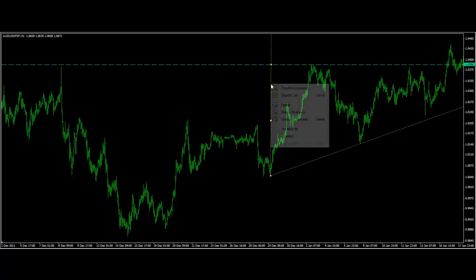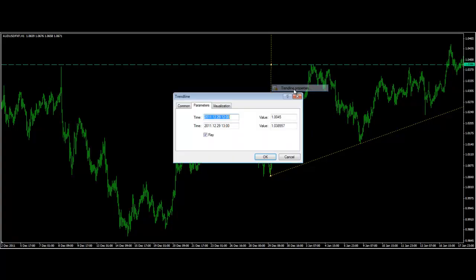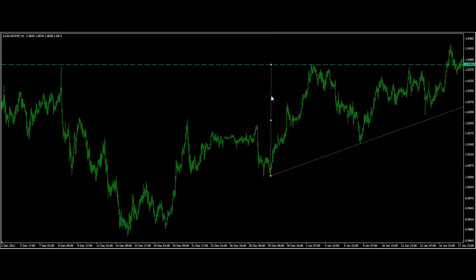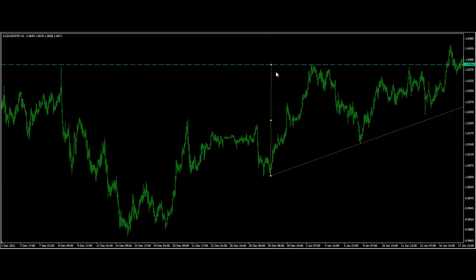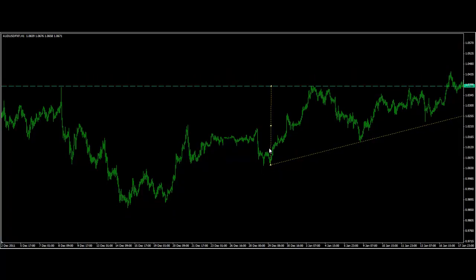Okay, so there's your price range, and that equates to a pip range of approximately 340 pips.